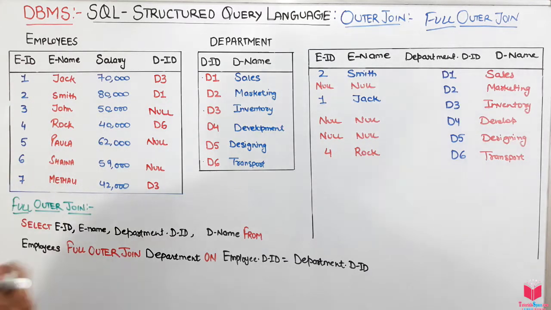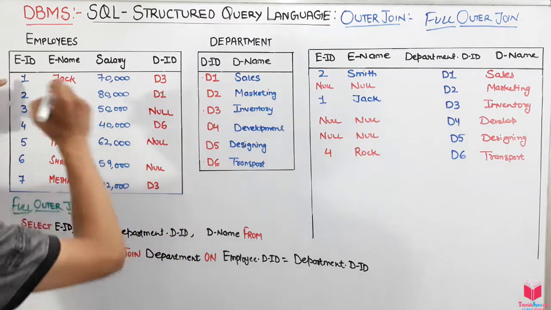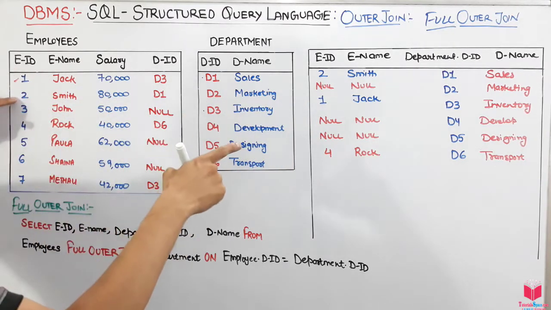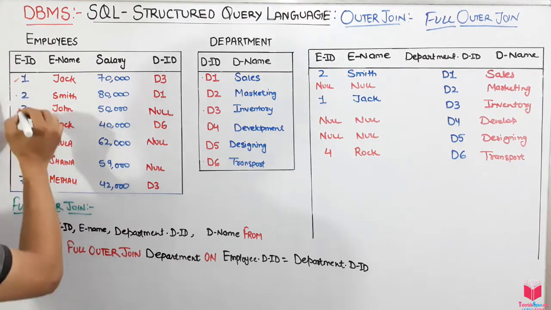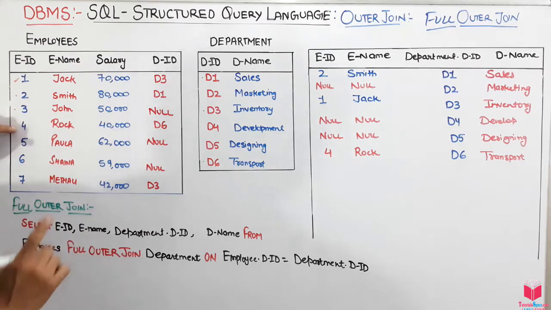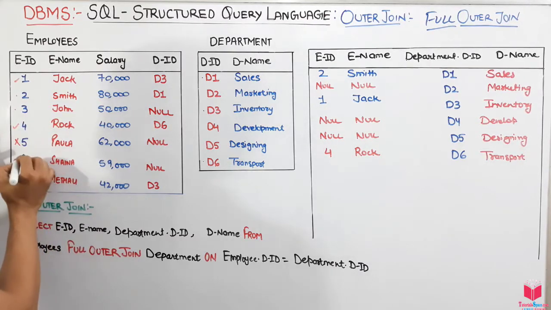First I have taken Jack. Third, John, no, it has not been taken. Then Rock, yes, it has been taken. Fifth, Paula, not taken. Sixth, Shaina, not taken. Seventh, not taken.